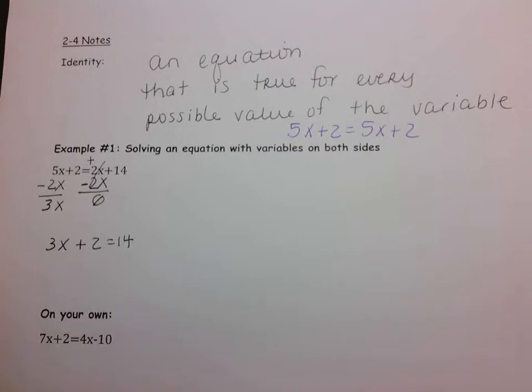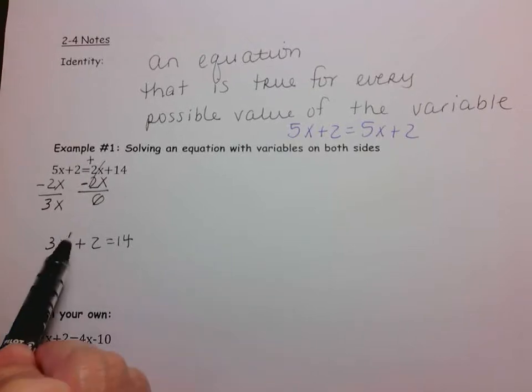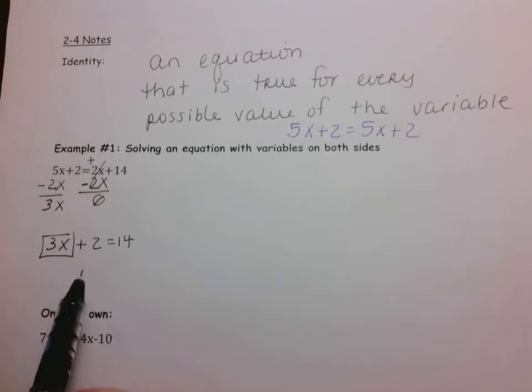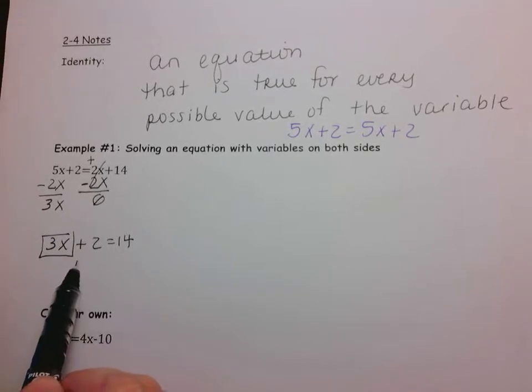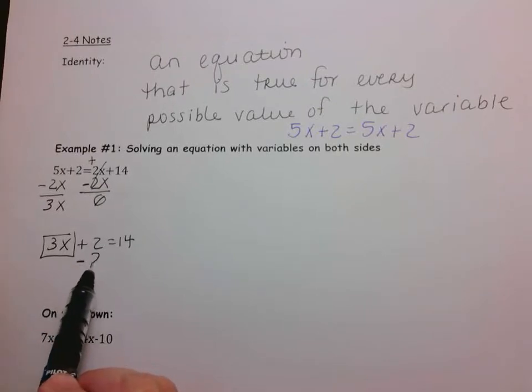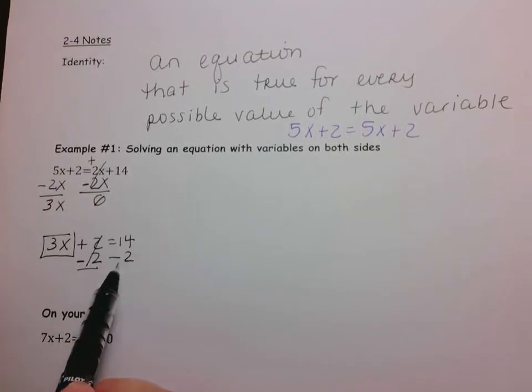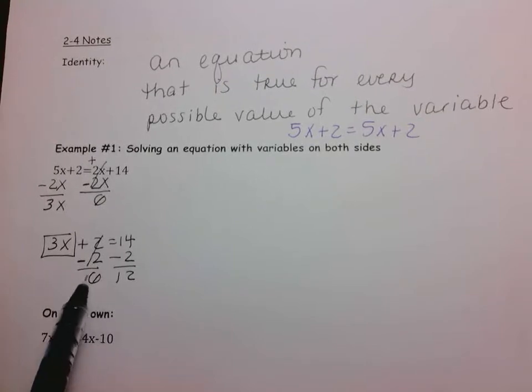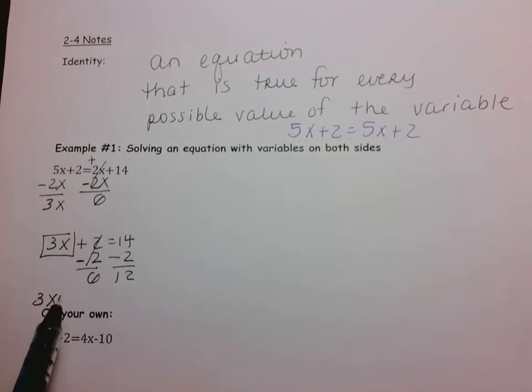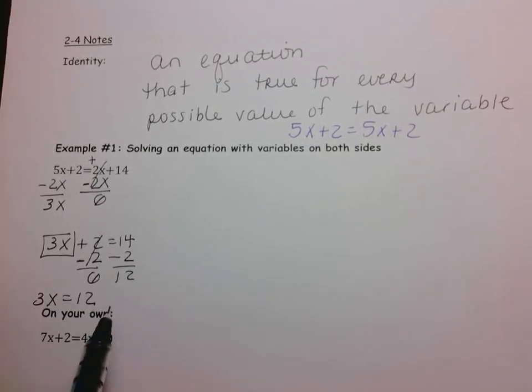And so now, what do I do? I want to get everything away from the variable, and so I'm going to leave the term that has the variable in it for last. So I'm going to subtract 2 from both sides, and that gives me 3x equals 12. And then what do I do?